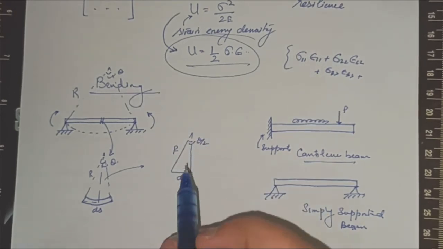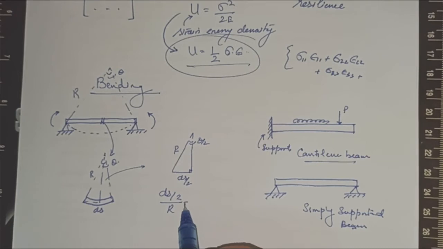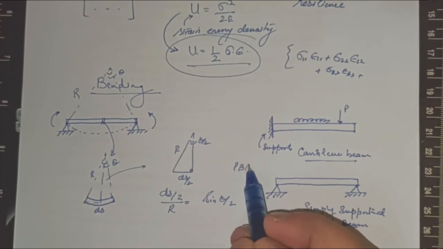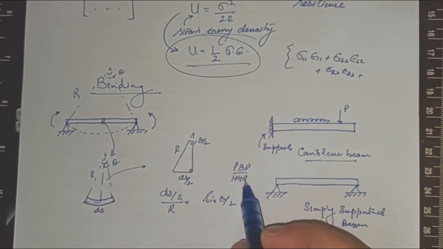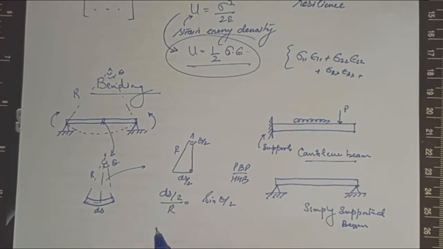So if this is my perpendicular, ds by 2r becomes sine theta by 2, perpendicular upon hypotenuse. Since this is a very small element, the rotations will be very small, so sine theta by 2 is approximately equal to d theta by 2 for small theta.